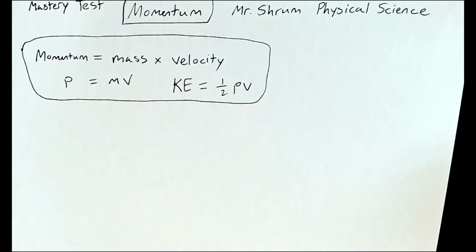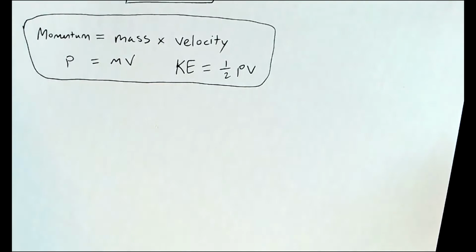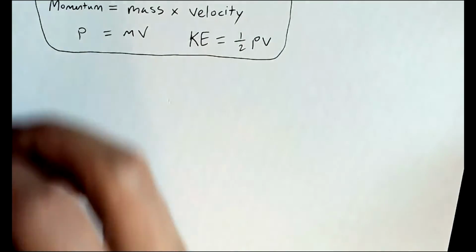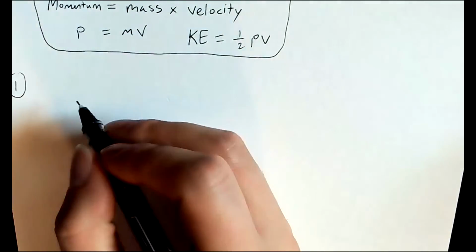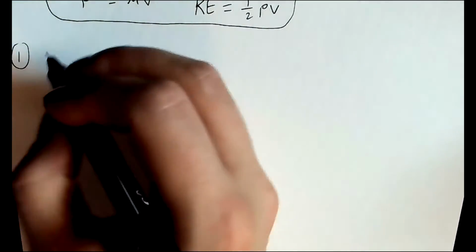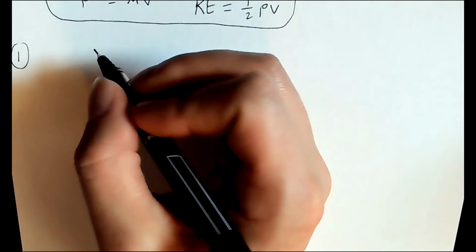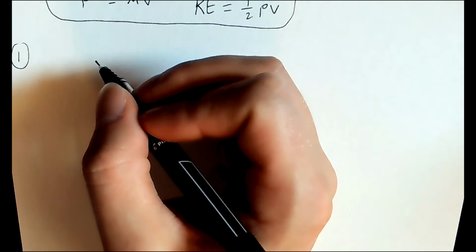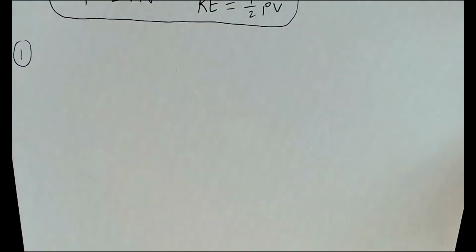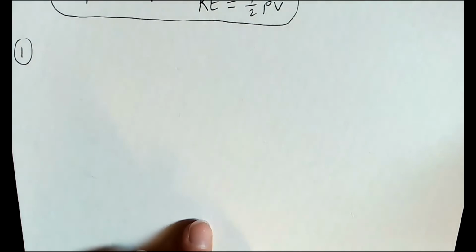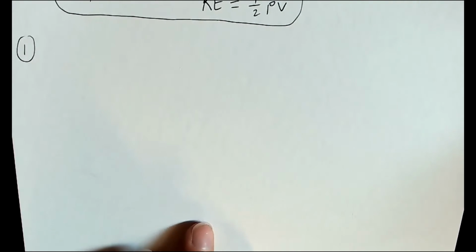So on my little teacher sheet, okay. So knowing this information, let's see if we can tackle some of these questions. The first question is asking, the momentum of an object depends on which two quantities?